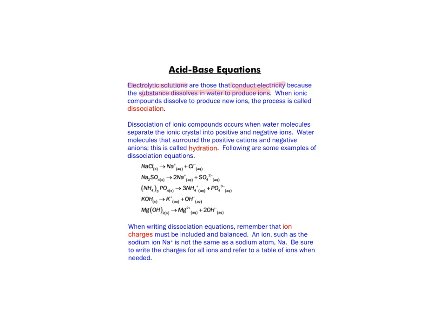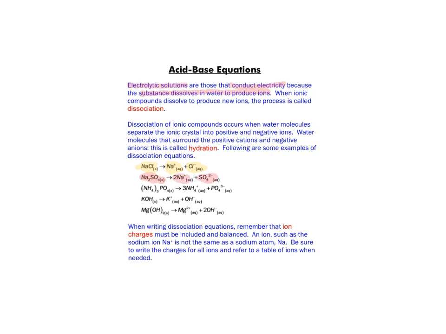Here are some examples of dissociation equations. So we have salt as a solid dissociating into a positive sodium ion and a negative chloride ion. We also have sodium sulfate dissolving into sodium plus a sulfate ion.